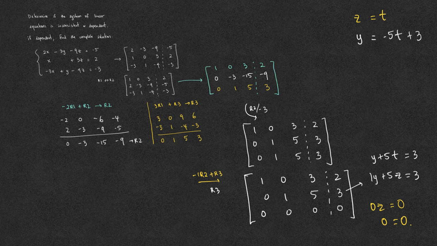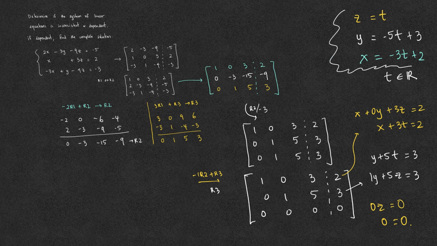And from the matrix, the first row states that 1x plus 0y plus 3z equals 2, but z is t, so x is therefore negative 3t plus 2, where t is any real number.